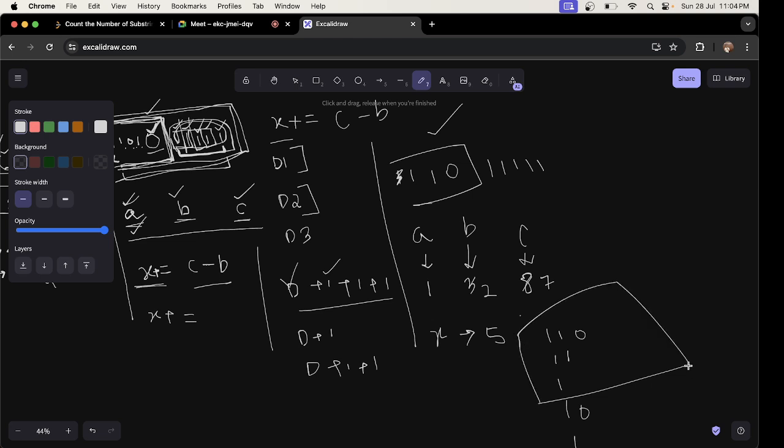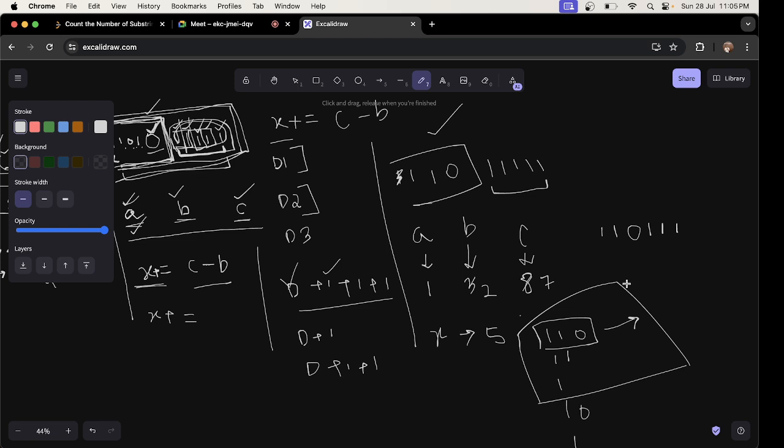So now tell me how many substrings are ending at the last 0. Only one. Right. So I have the option to add ones at the end of these dominant strings. I can make this dominant string 1 1 0 1 or 1 1 0 1 1, or I can keep on adding ones.